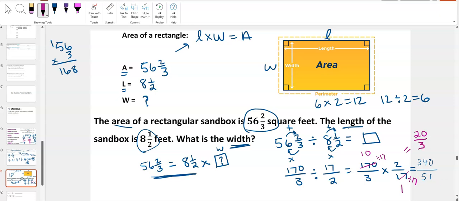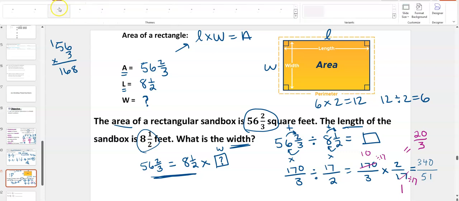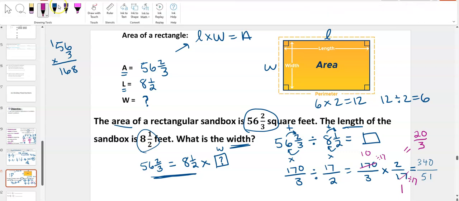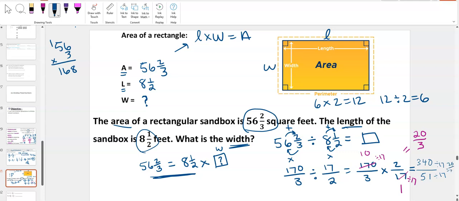And you can already tell that is so much easier than doing what we just did, because I would have to know that 17 goes into this evenly. And if I divide 340 by 17, and I divide 51 by 17, I'm going to get the same answer of 20 over 3. So cross-canceling is just an easier way to simplify before you multiply. And they're really handy in word problems because of those really large numbers that usually exist in word problems. Okay, and we'll practice that some more as well.